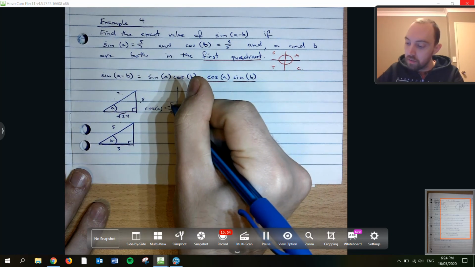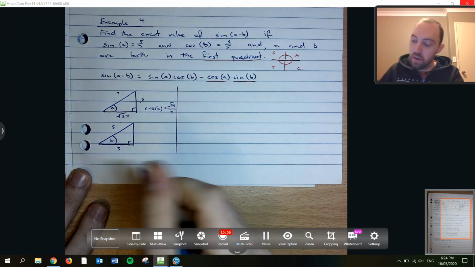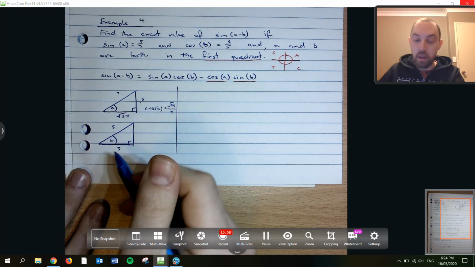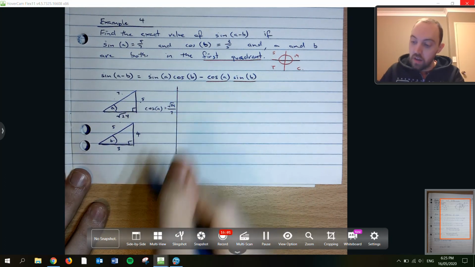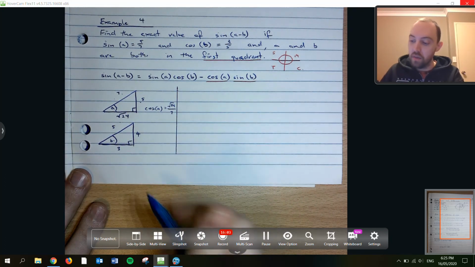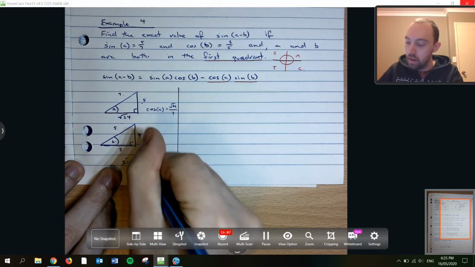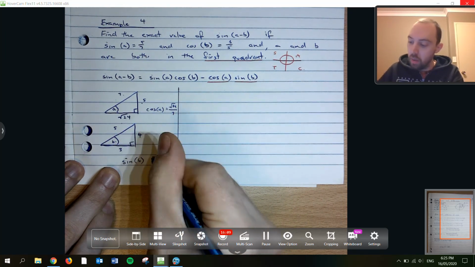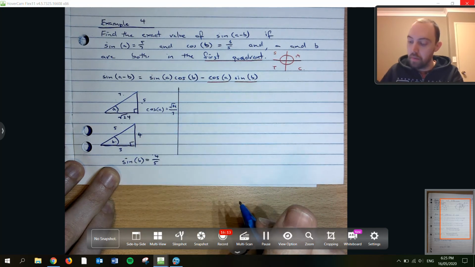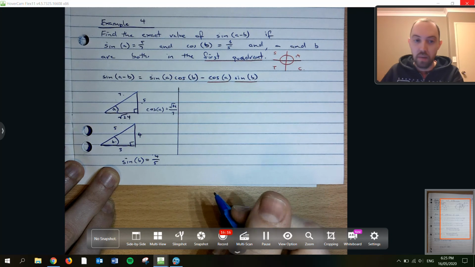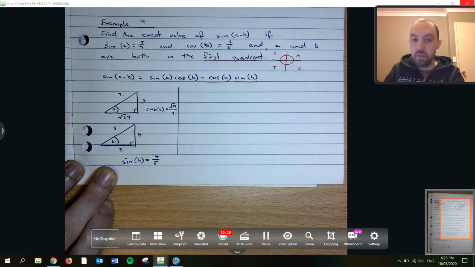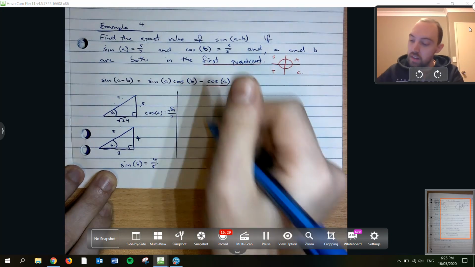Anyway, similar idea here. Pythagoras to find out the other edge, and then we can find out that sine of B is opposite over hypotenuse. And then we can replace each of these.